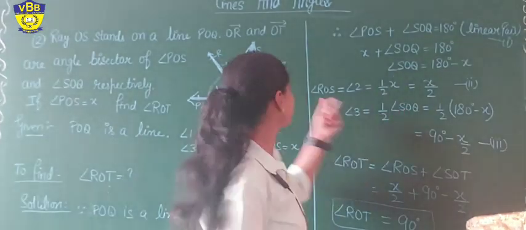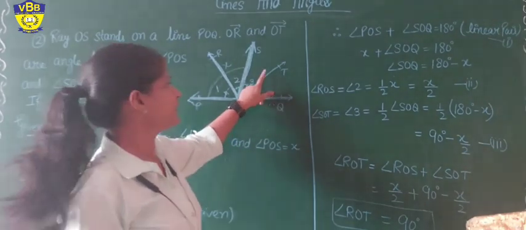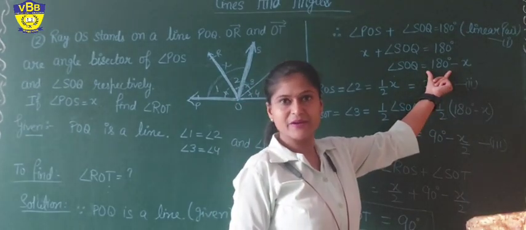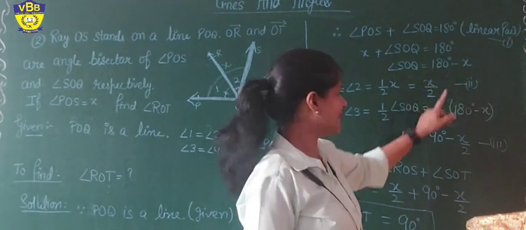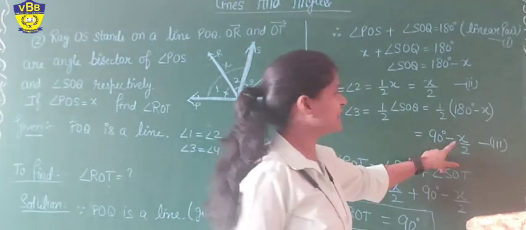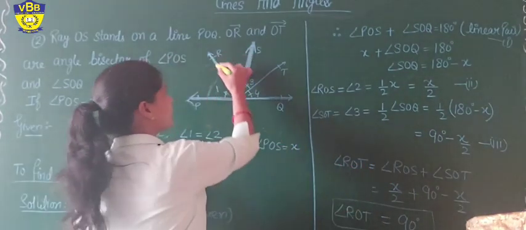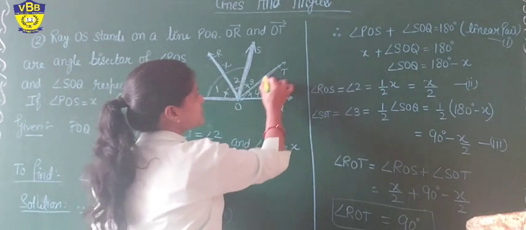We are interested in only one part. We need to find the value of one part, so we divide by 2. Here it will be 90, since both terms are divided: 180 divided by 2 is 90, and X divided by 2 is X by 2. Now ROS plus SOT makes the complete angle ROT.